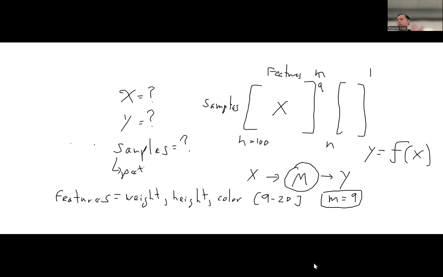But we already know that X is what? 100 by 9. That already gives you a lot of information. Why is that important? Because some aspects of your neural network are going to depend on these numbers. When you start defining your neural network, you will need some parts of it to be 9.